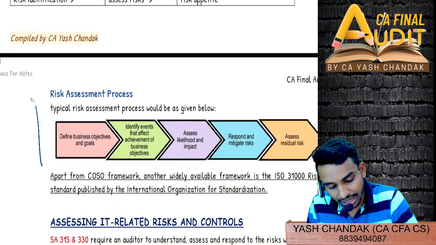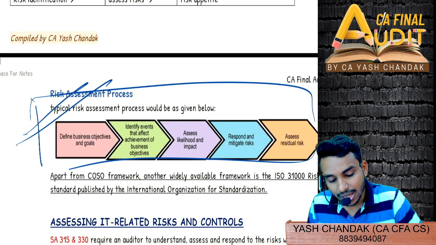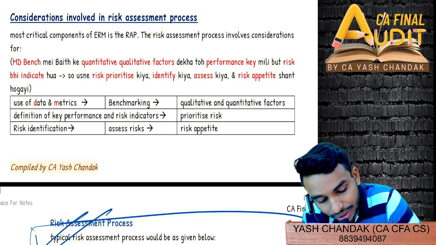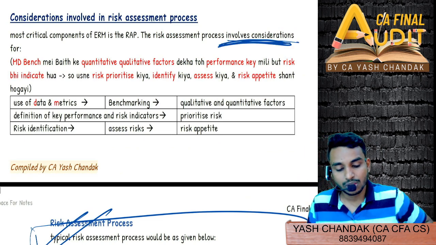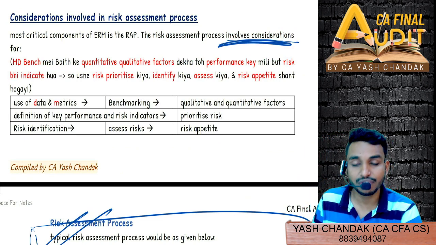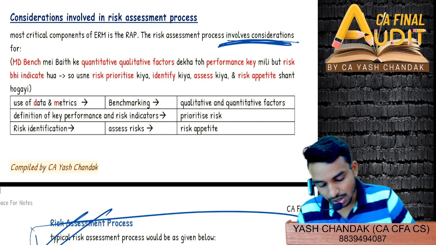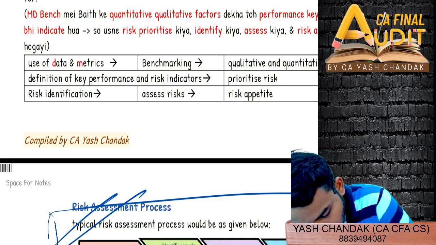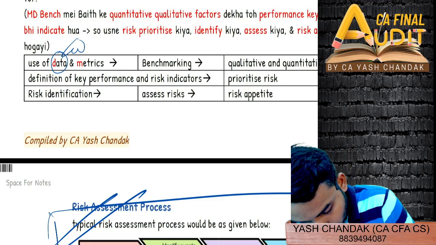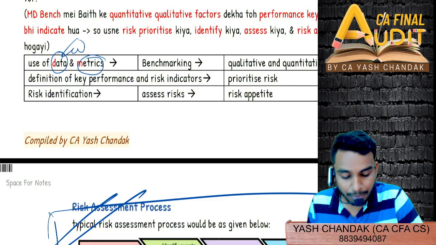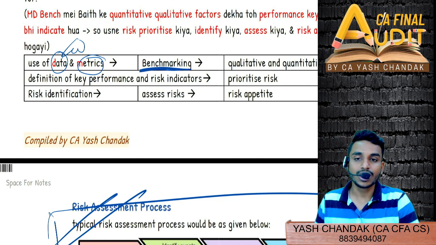In the case of ERM, they have given it, need not worry. But what all things does the auditor need to consider? The risk assessment process involves considerations for how data are being used in the ERM, what metrics are being used in the ERM, and ERM benchmarking.